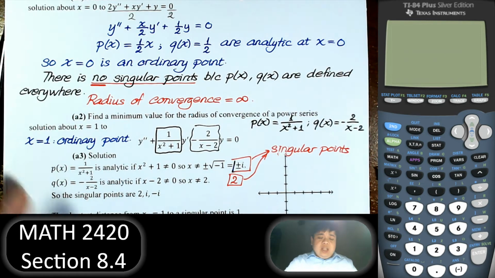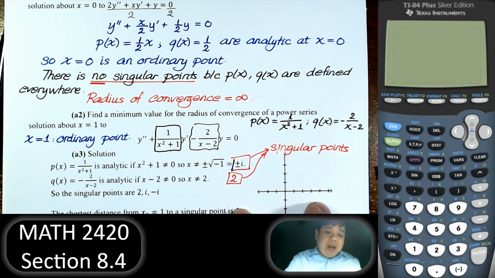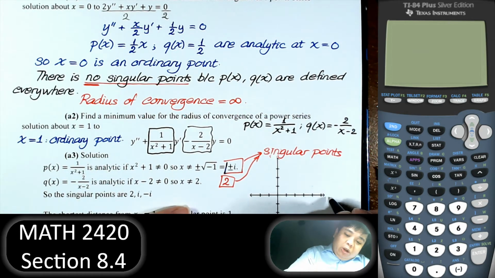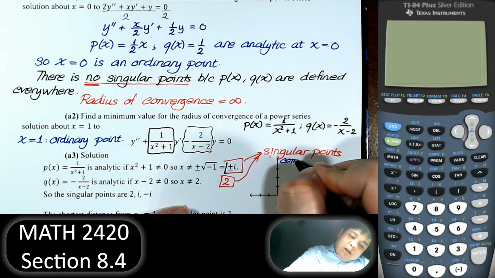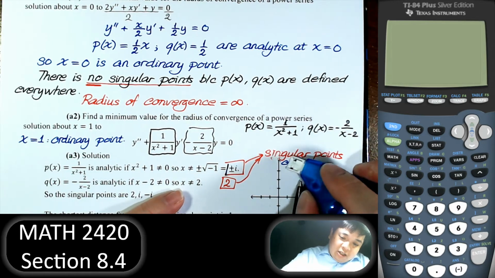So if we're going to plot that on the complex plane, this is the real axis, and this is the complex or imaginary axis.